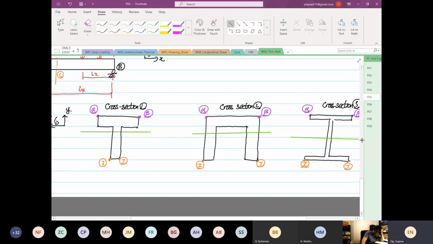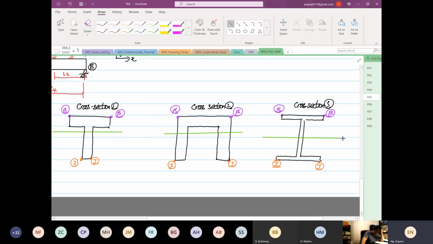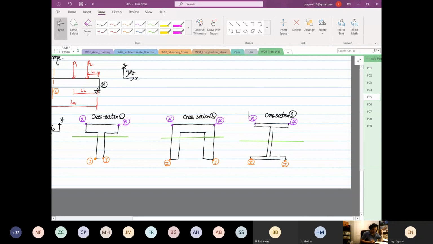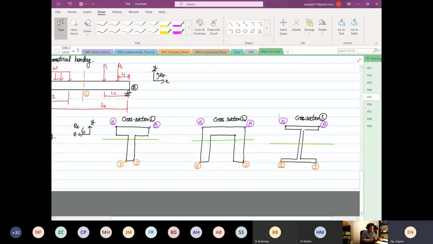Now, can you tell me which one is symmetrical bending? Cross-section area 1, 2, or 3? All of them, yeah. A lot of people say 3.